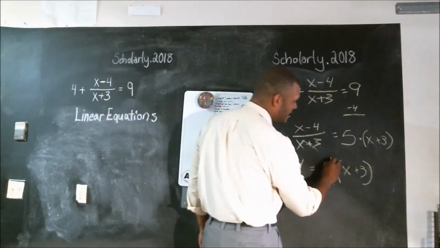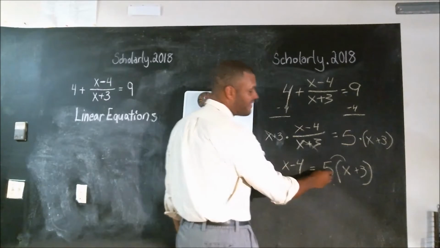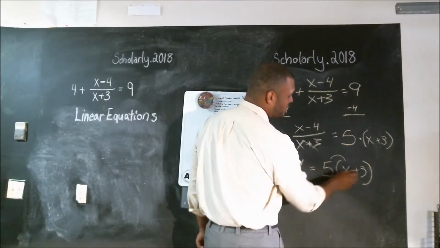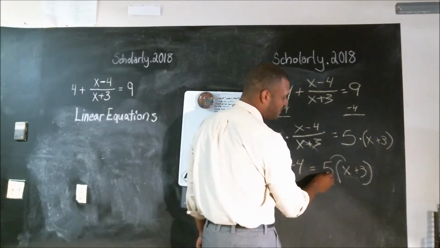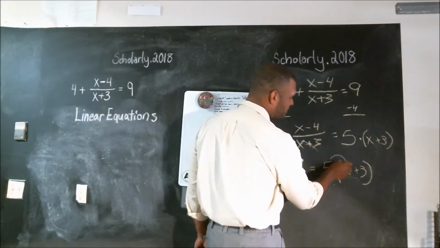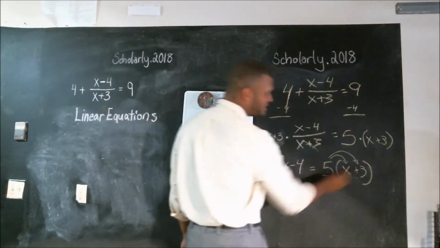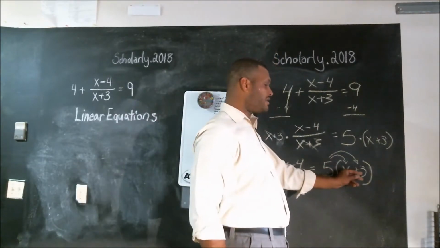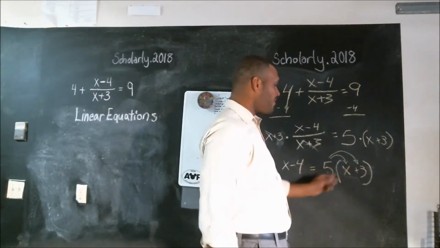What we need to do with that is take the outside number, and these parentheses just mean that we're multiplying. When you have parentheses right next to a constant in front of it, whatever's in here, we need to multiply by 5. So we have 5x, and then plus. If this was a minus sign, we'd keep the sign also, and we would do 5 times negative 3. And then we'd come up with our number.